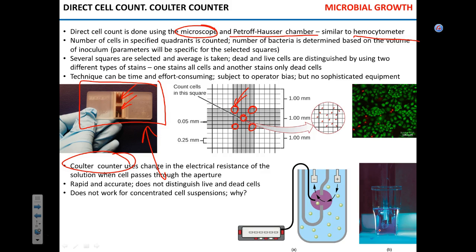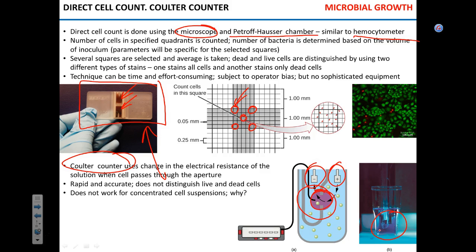Every time a cell passes through a certain aperture in that chamber, the electrical resistance of that electrical circuit changes. Does that make sense? A cell passes through the aperture, changing the electrical resistance here.